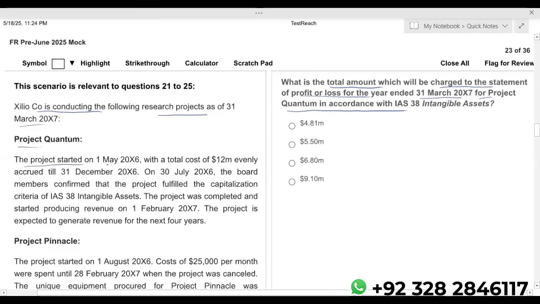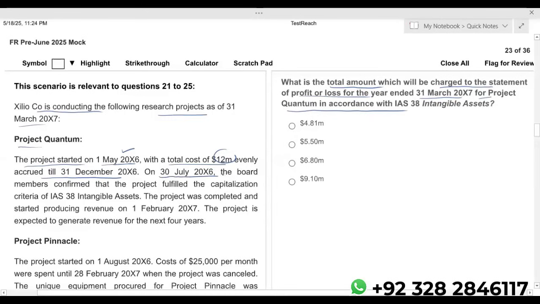The project started on 1st May X6 with a total cost of 12 million evenly accrued till December X8. It means over a period of 8 months, from 1st May till 31st December, the company has incurred $12 million.